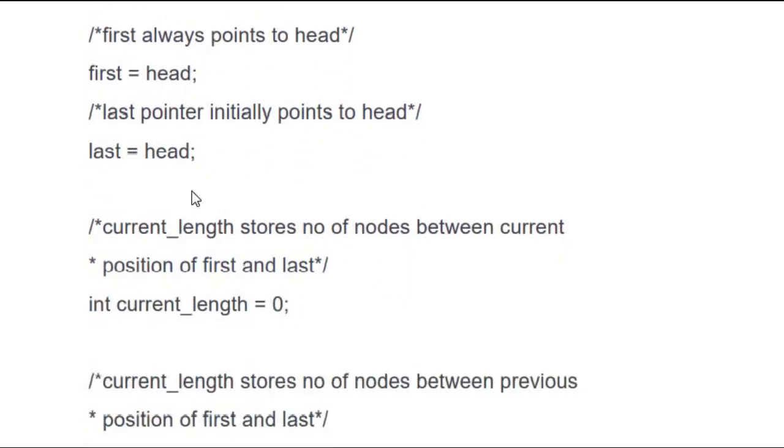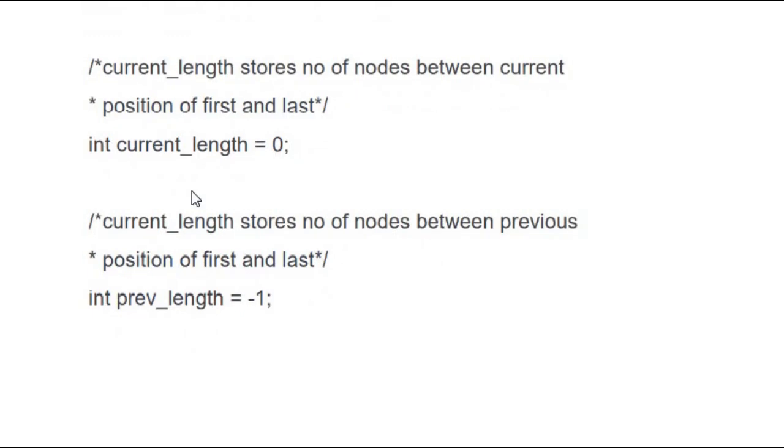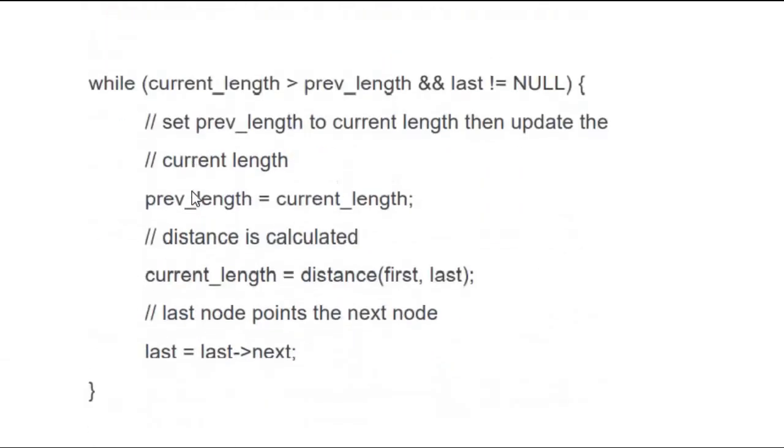Initially first and last both point towards head, but as time goes we will keep on modifying last to last next, and we will keep on changing the previous length and current length. For doing that we are going to calculate the distance between first and last. First will always be pointing towards the first node of the linked list.